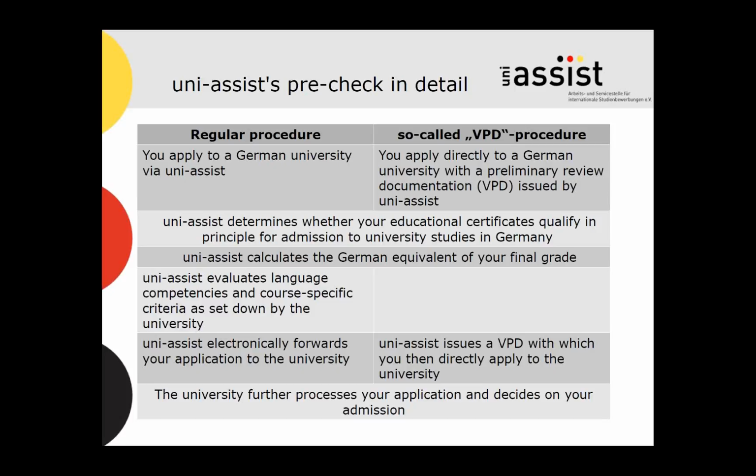In the regular procedure, we forward your application electronically to the university, whereas we issue a VPD with which you then apply directly to the university in the VPD procedure. After that has been done, Uni-assist is not in charge anymore of your application, but the university further processes your application and decides on your admission.